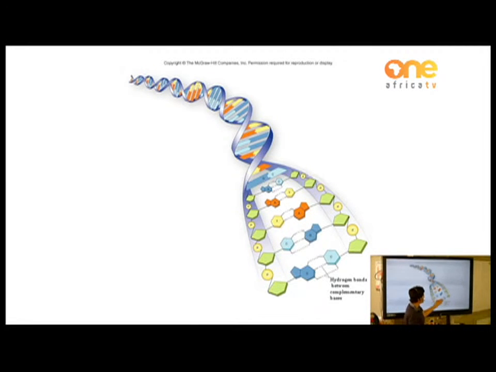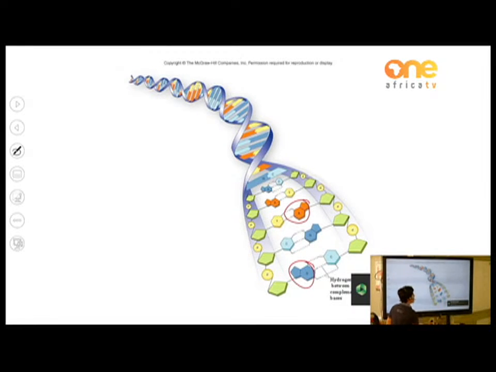But they link with a complementary pair. So G always to C. And what I also see is that G and A are the larger ones. A and G are 2 rings, and we call them the purines.